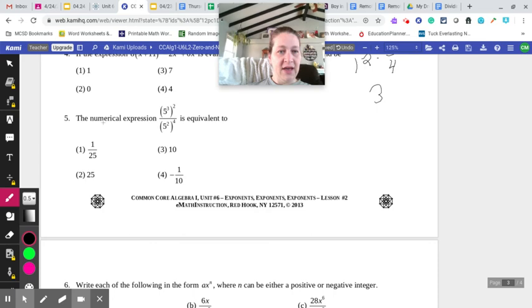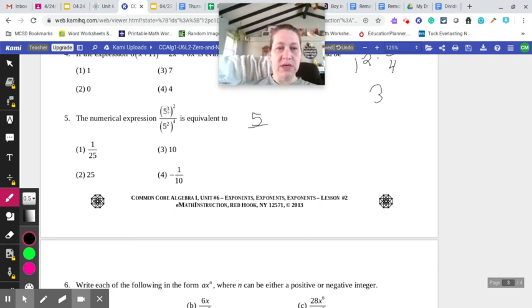Number 5, the numerical expression is equivalent to, well, remember that when we have exponents raised to a power, we're going to multiply those. So 3 times 2 is 6. And then 2 times 4 is 8.